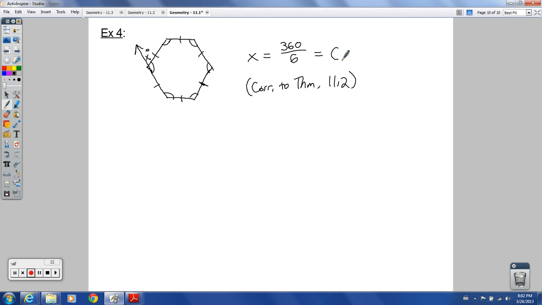That's what we're using to figure out that that is 60 degrees right there. So x is 60. This is a 6-sided polygon or hexagon. It's a regular hexagon. Remember, if you're going to use that corollary, it's got to be a regular polygon. This is a regular hexagon.